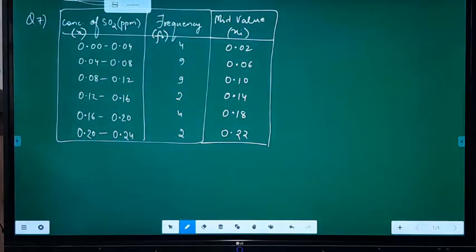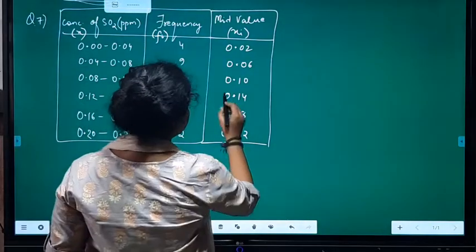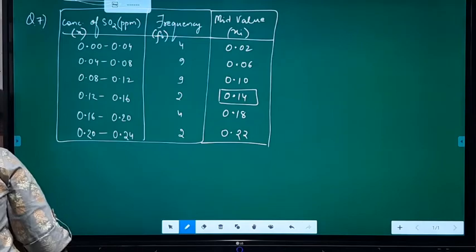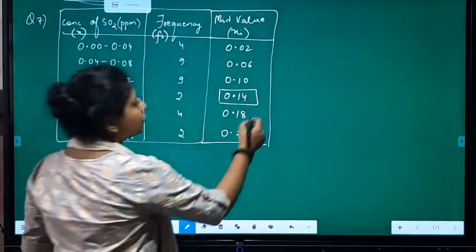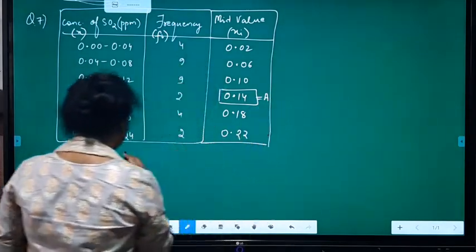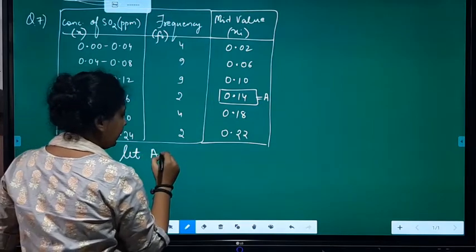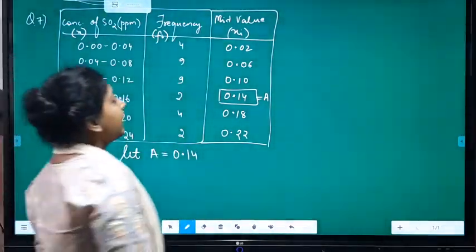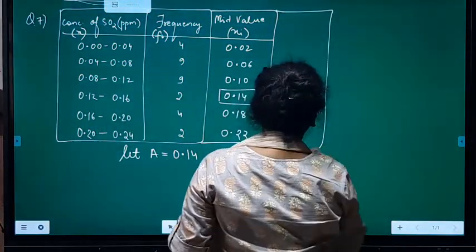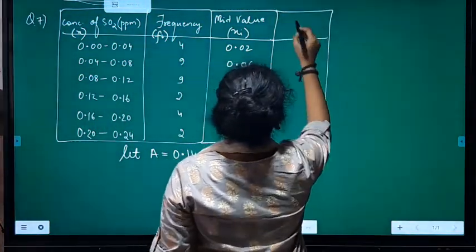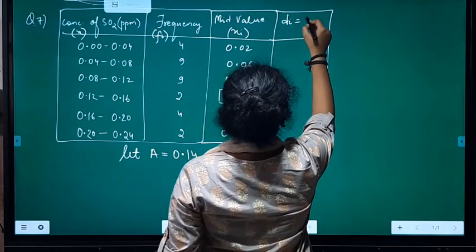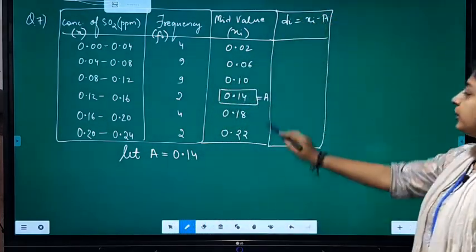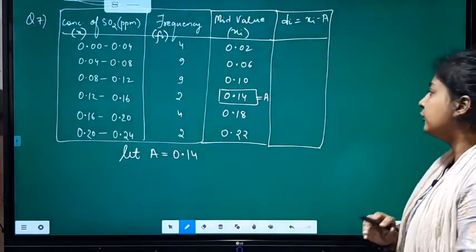Again, we can consider 0.14 to be our assumed mean. We are considering 0.14 as our assumed mean here. So, let us write, let A equal 0.14. In the next step, we have to find the deviation. How do we find the deviation? Deviation di is equal to xi minus A. That means we have to subtract this A from all of these values.